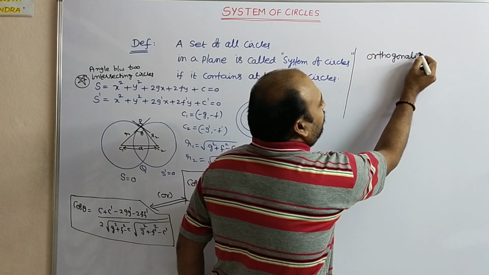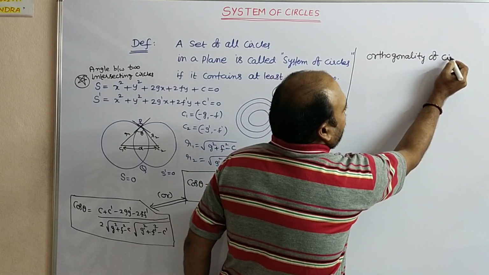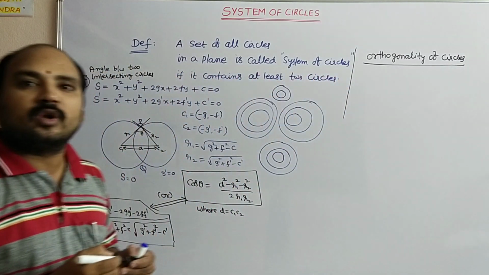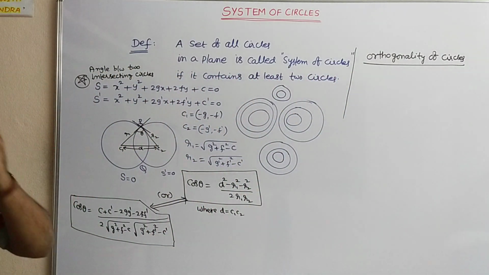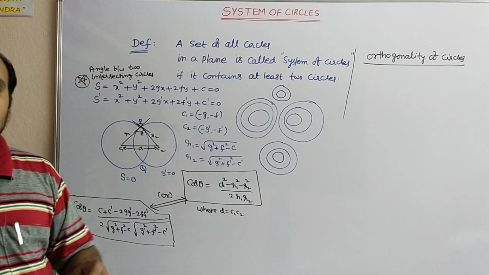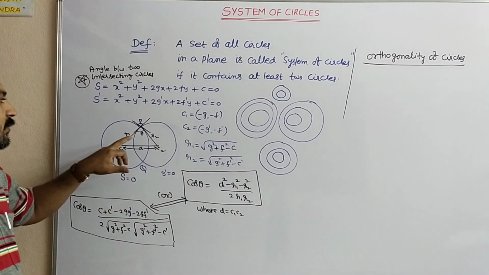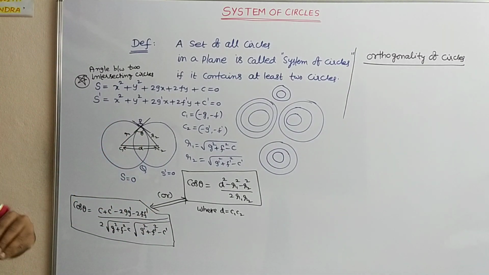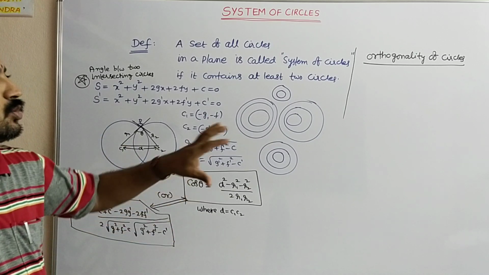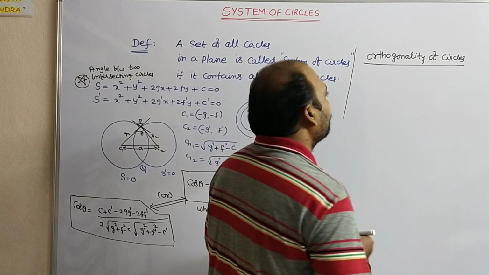Two circles in the system of circles are said to be orthogonal if the angle between them is a right angle. If the angle between them is a right angle, then the two circles are said to be orthogonal. So this is the definition.